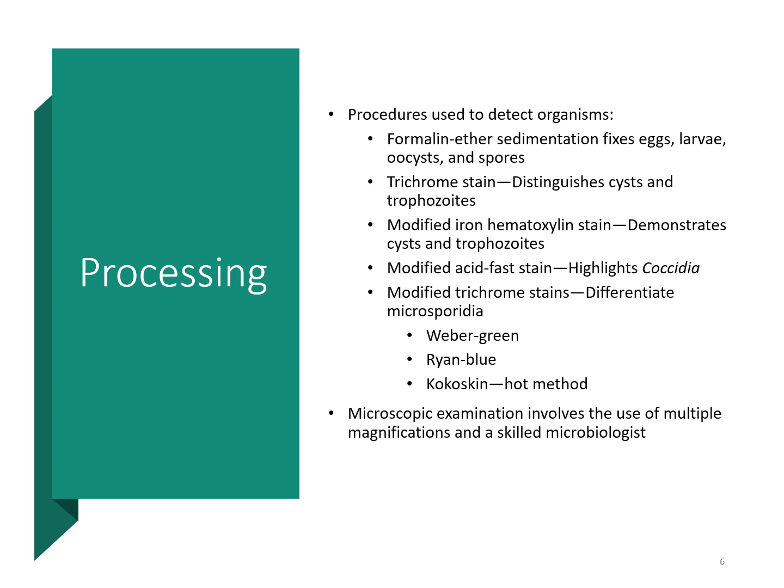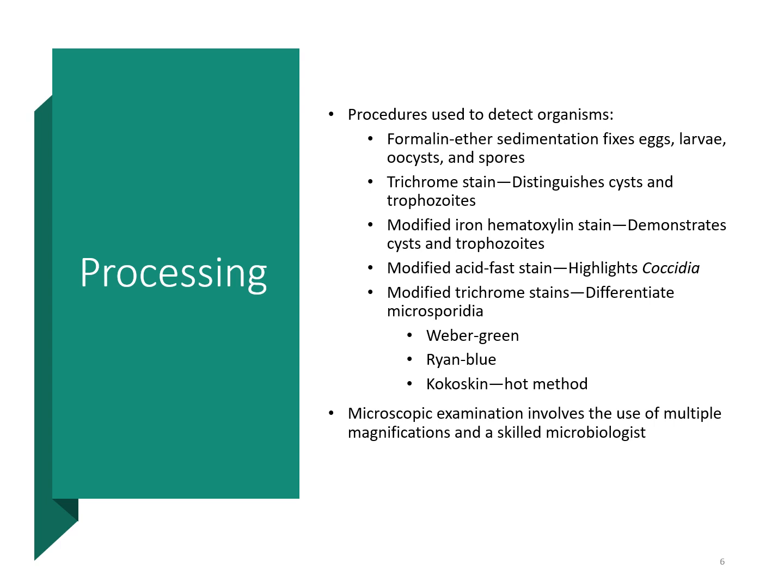The modified iron stain will help you visualize the cysts and trophozoites. The modified acid-fast stain is more specific for reviewing your coccidia-type organisms. And modified trichrome stains help to differentiate your microsporidia.